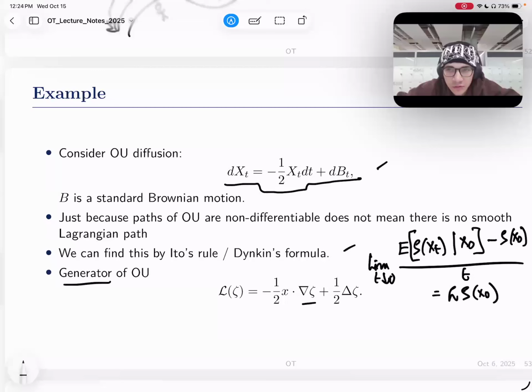So it's a property of the joint distribution at 2 points. You look at the conditional expectation of zeta applied to X_t given where you started.